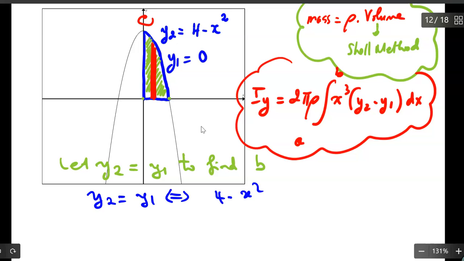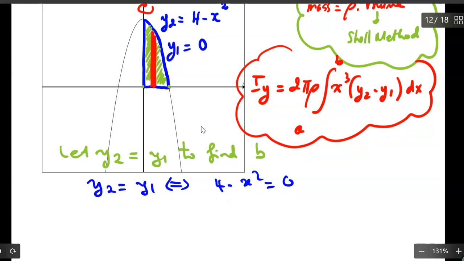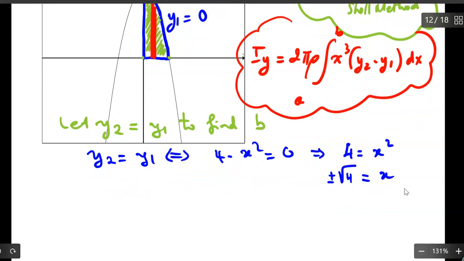Doing that, you should have 4 minus x squared equal to 0. So that means 4 equal to x squared, right? You bring the negative x squared to the other side, and it becomes plus x squared. So x will be the square root of 4, plus or minus 2.